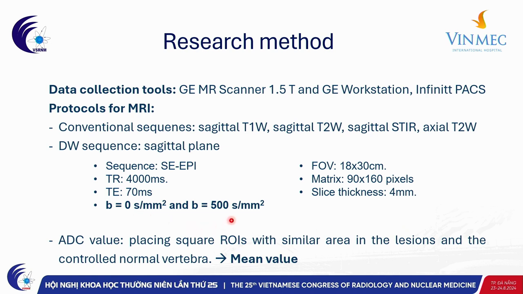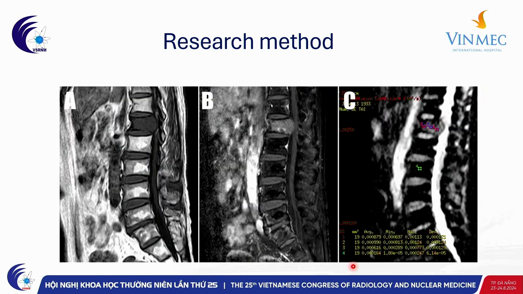That could contribute to different results after. And for the ADC value, we place square ROIs with a similar area in the lesions, and we use 1 box of ROI as control in the normal vertebra. And this is how we do the measurement.